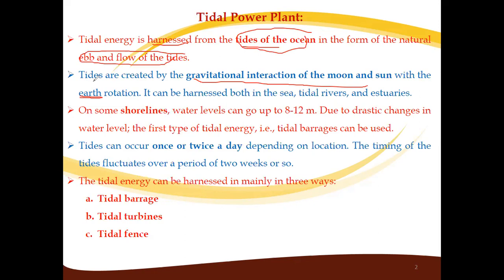It can be harnessed in the sea, and also in tidal rivers or estuaries. In some shorelines, water levels can go up to 8 to 12 meters due to drastic changes in water level.